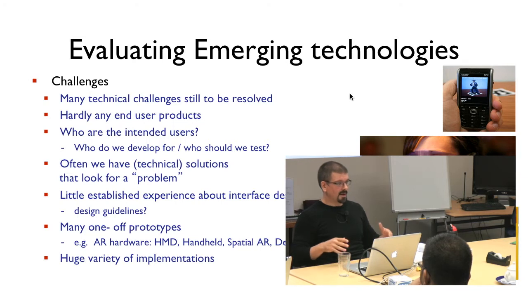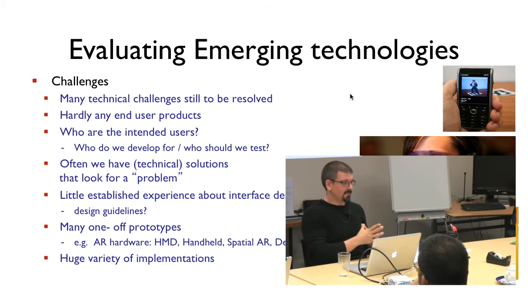Like in our case, as an example, augmented reality. Some of the ideas about icon size and those types of things are not necessarily one-to-one applicable to augmented reality interfaces.